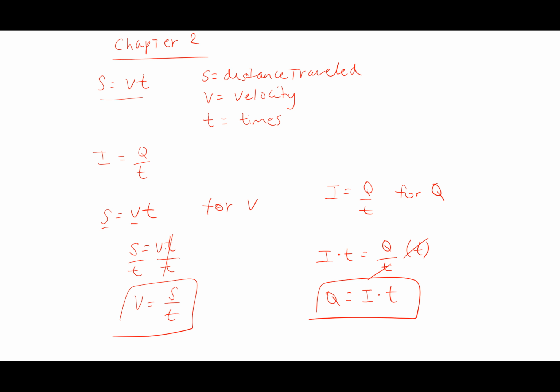Okay? Another one that we could look at would be this. What if we had V equals E minus I times R, and we want to solve for R. Okay, so how would we do that? We got to get R again by itself.